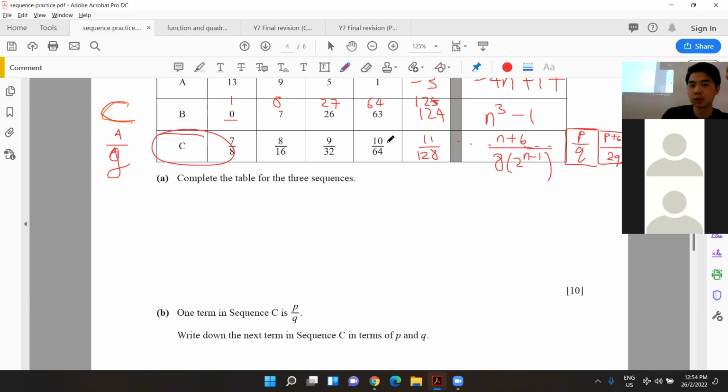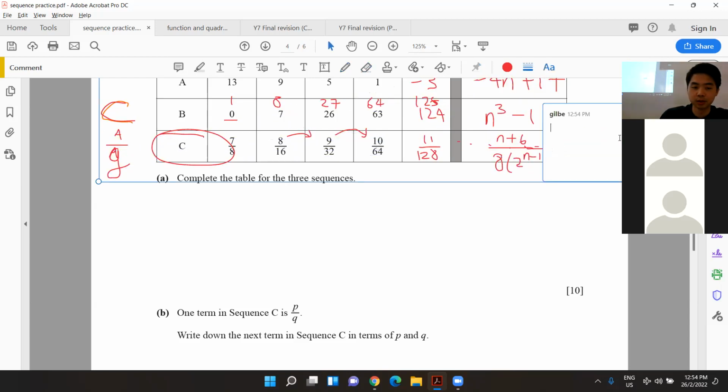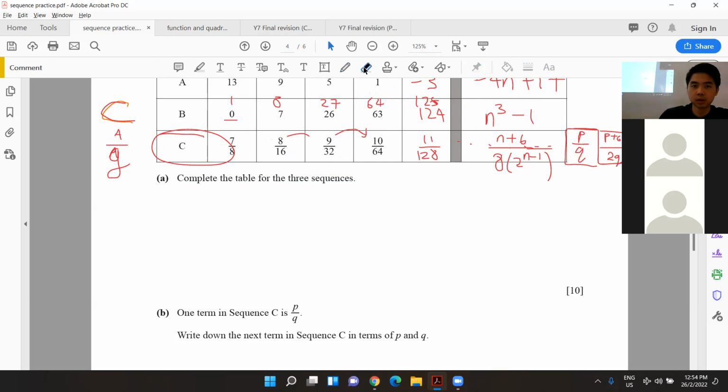You see here, it's all plus 1, plus 1, plus 1. So the next term is P plus 1.